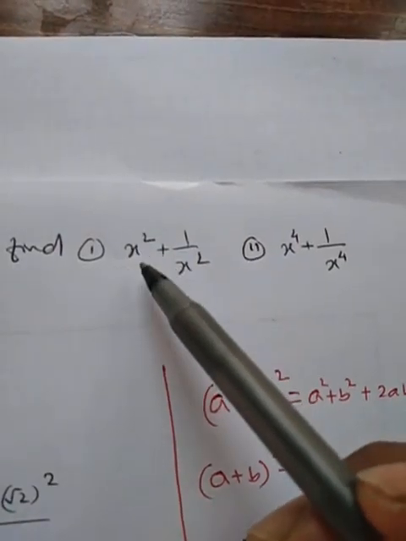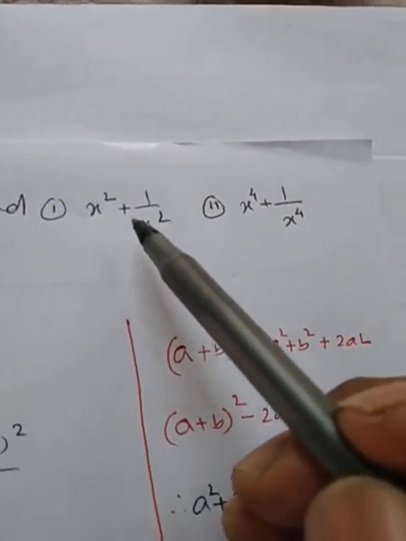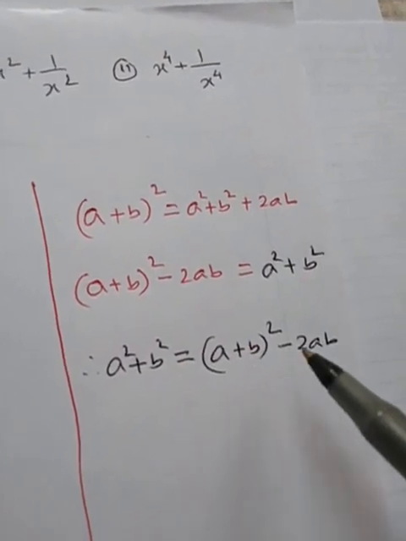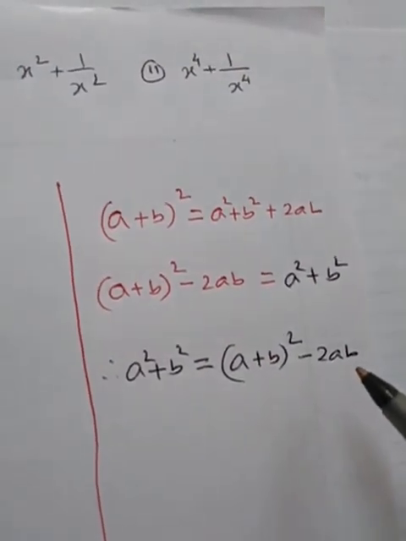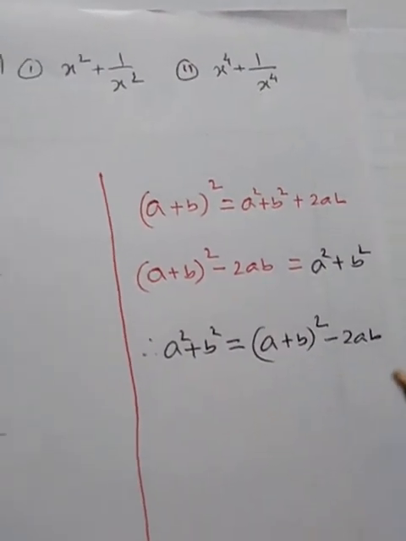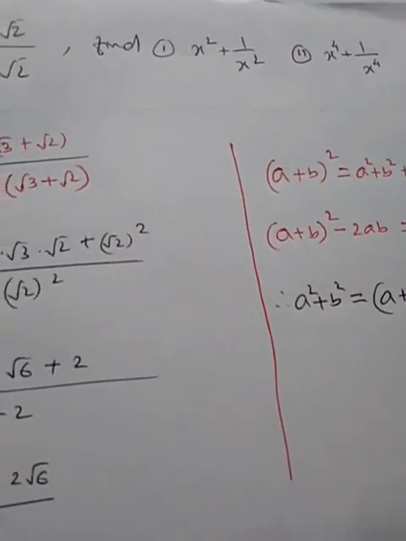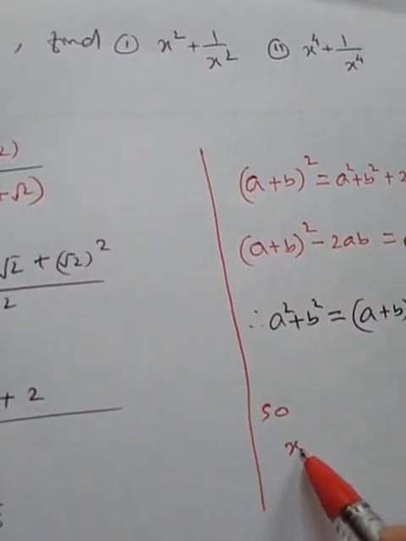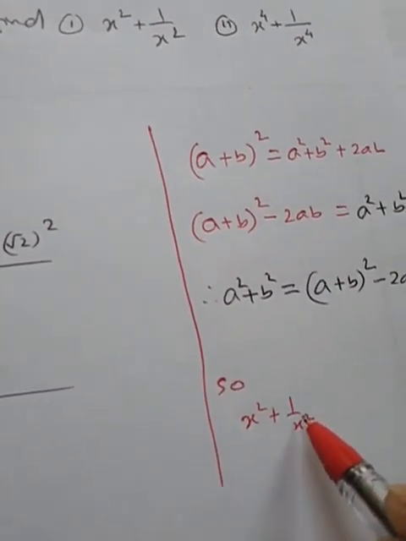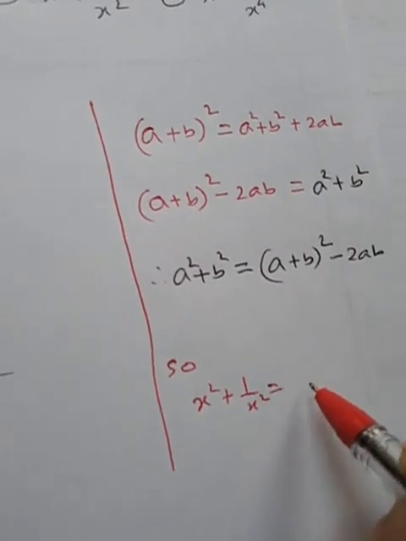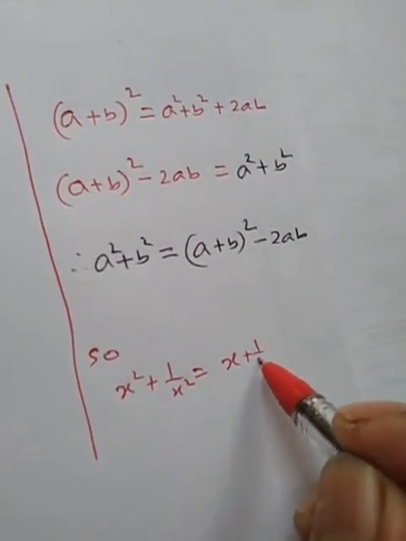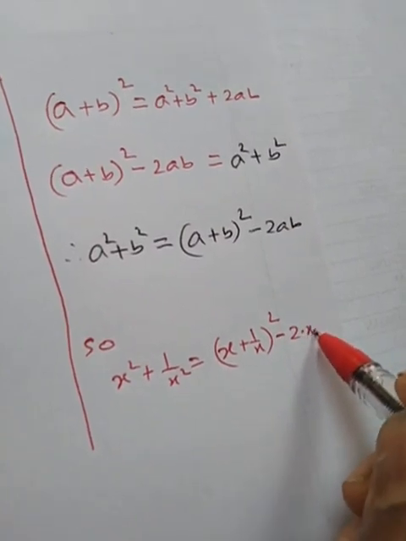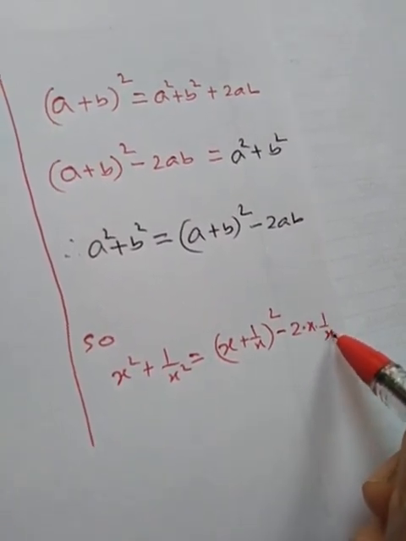Here we have to find x square plus 1 by x square. So we will find x plus 1 by x whole square minus 2 into x into 1 by x. That would become easier. So if we write that, x square plus 1 by x square will be equal to x plus 1 by x whole square minus 2 into x into 1 by x.